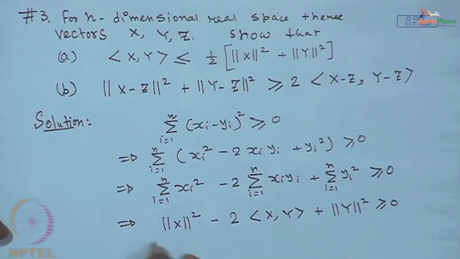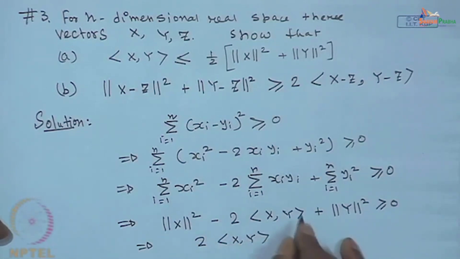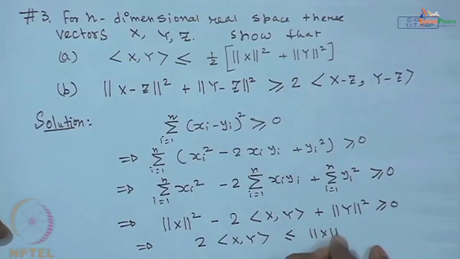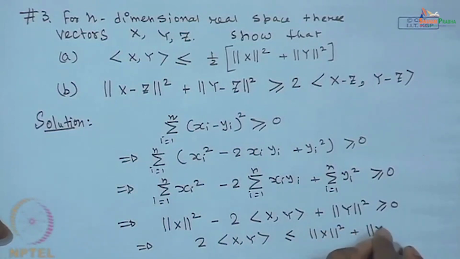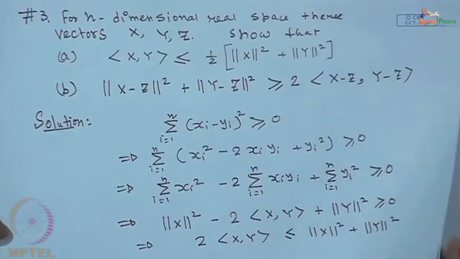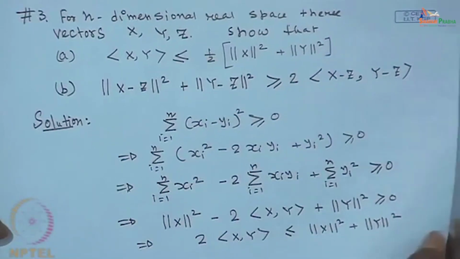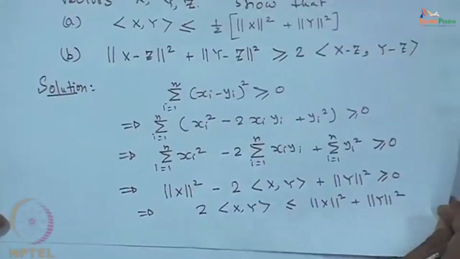So, if we rearrange this equation, we will get 2 times the inner product between x and y should be less than or equal to norm of x square plus norm of y square, and after that it follows the relationship that we are going to prove.